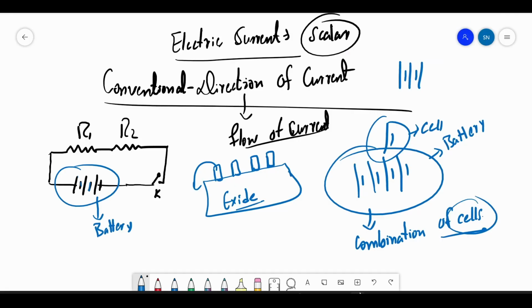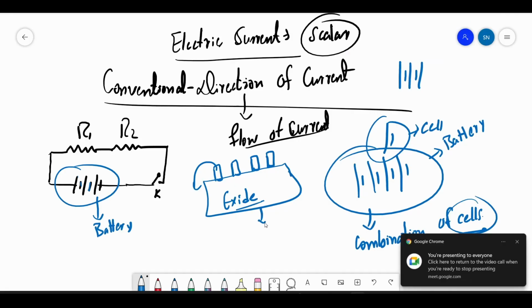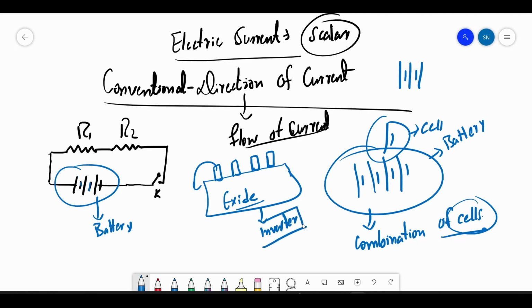We have those inverter batteries, big batteries that power our houses, right? In fact, we call them tubular batteries.